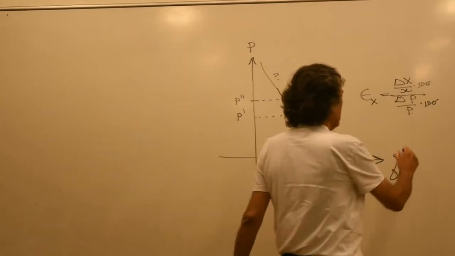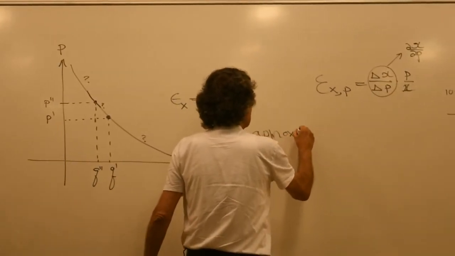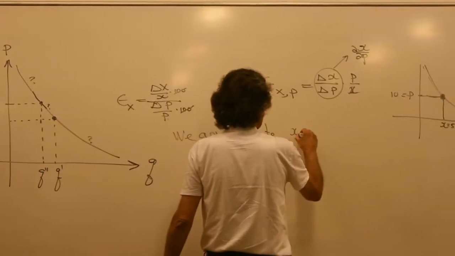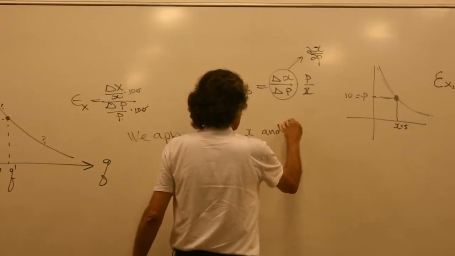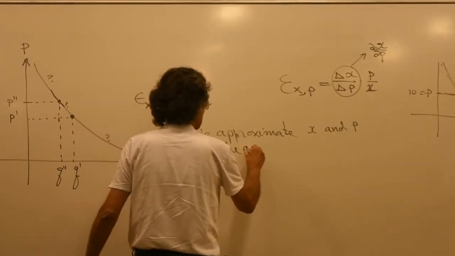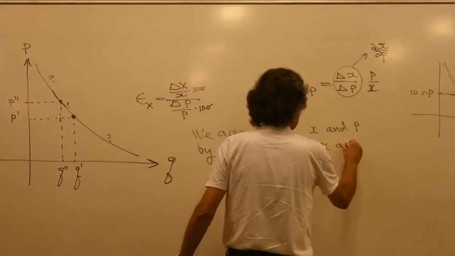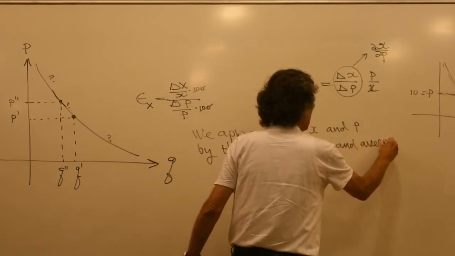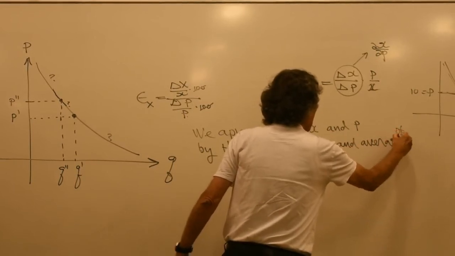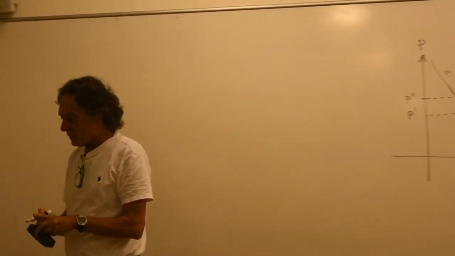Actually, we approximate x and p by the average of x and the average of p. What does it mean? I take the middle point.